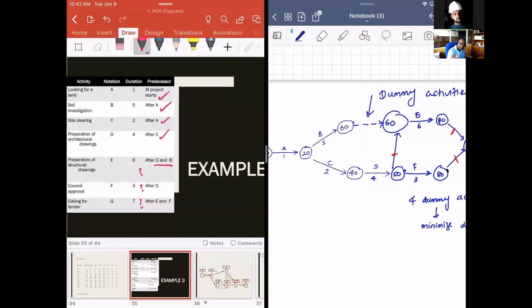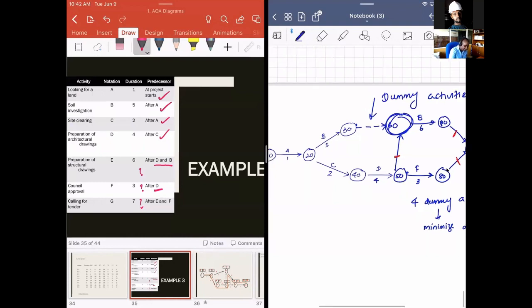There should be one node where only D finishes. There should be one node. Node means this. This is a node or event. We call them nodes. These are all nodes, or events.